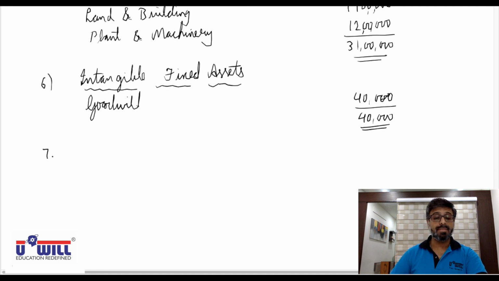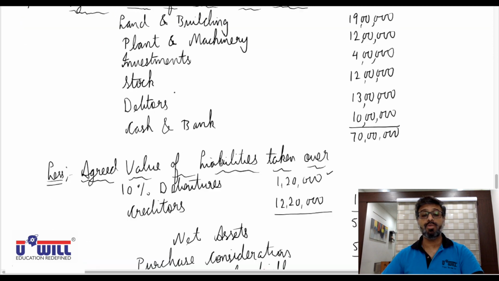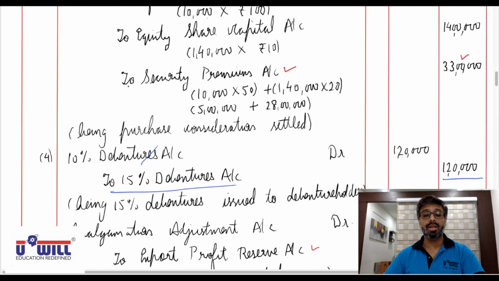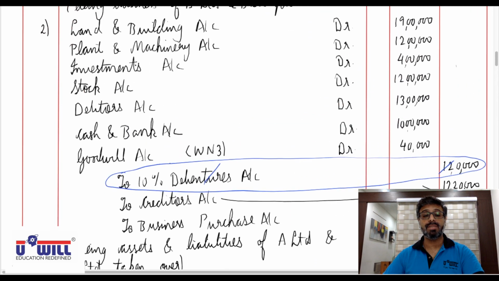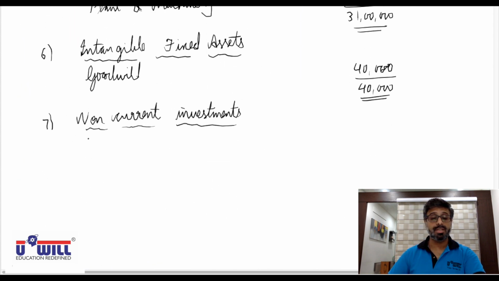Then after intangible fixed assets we have non-current investments. So investments we do have in second entry. In non-current investments, we'll have this investments of rupees 4 lakhs. Okay, investments 4 lakhs.